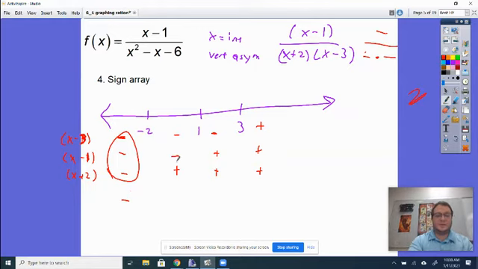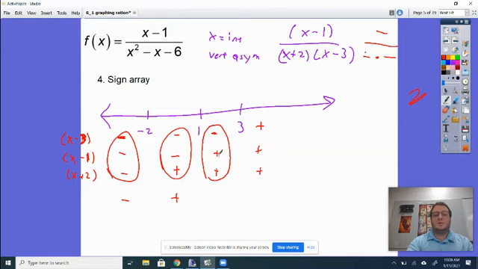In the next area, a negative times a negative is positive, times a positive is positive. Then positive, positive with another negative gives a negative. And then these are all positive. So my function goes from negative to positive to negative to positive.